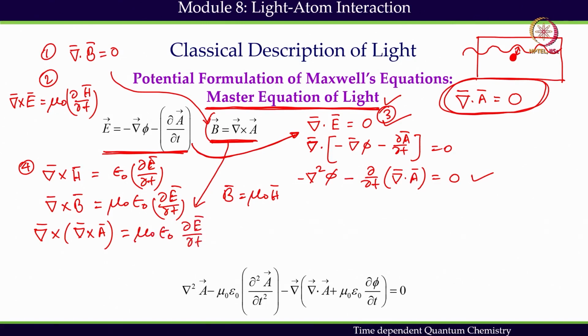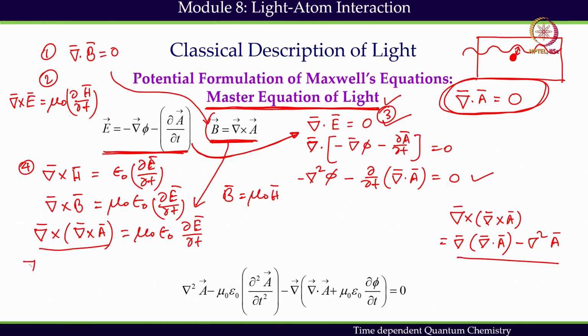We get this. So again we'll use a vector identity. We will not prove this vector identity, we'll use it directly. This curl of a curl is nothing but the gradient of this dot product minus the del square operator acting on A. We have this kind of cross product again, so it can be represented in terms of this.